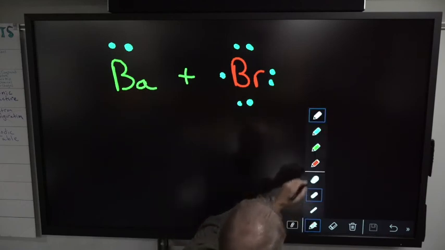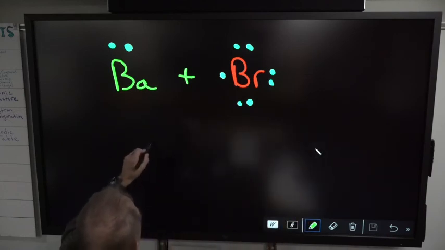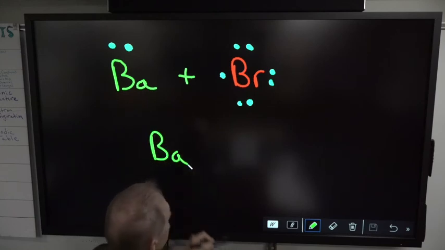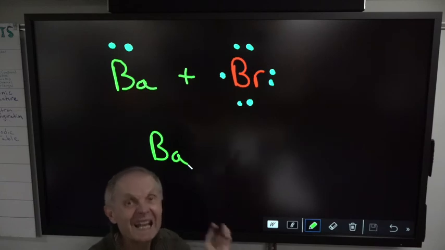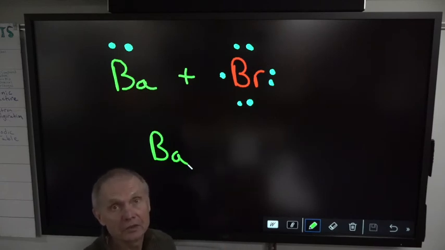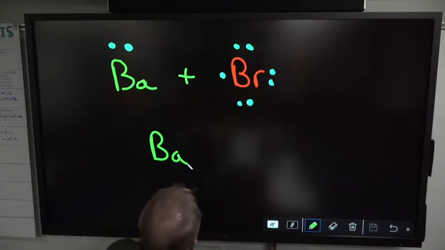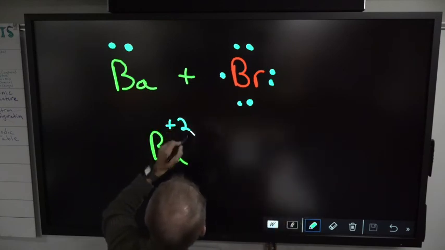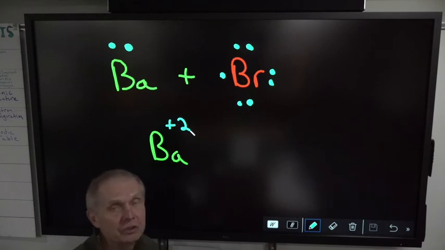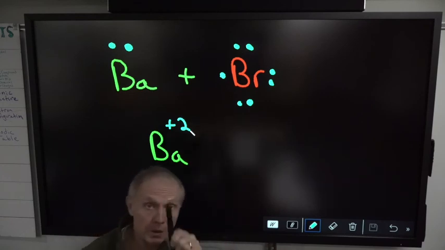We're going to put Ba. And don't forget, if Ba wants to lose 2, it has to lose 2 electrons. So we got to put plus 2. So Ba has to lose 2 electrons even though bromine only wants 1.